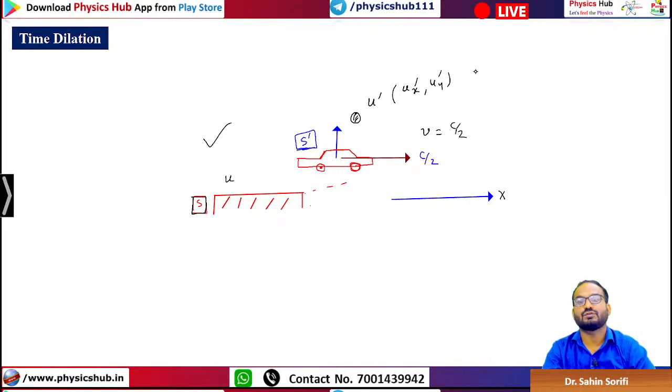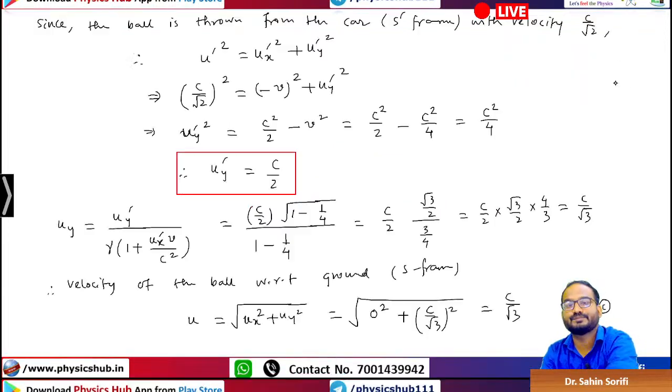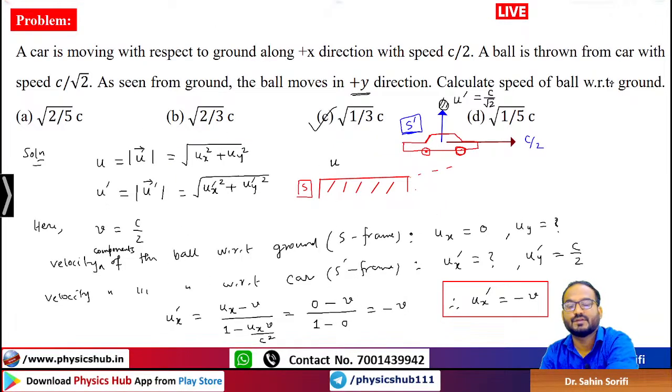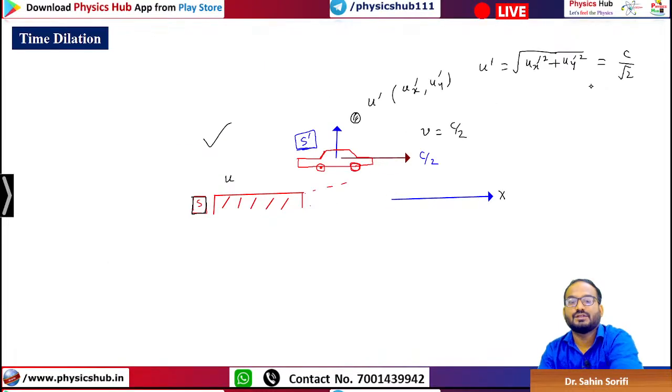From these two components you get the speed of the ball with respect to S prime, and this overall thing is given to you as c by root 2. So this is with respect to a person, let's say, sitting in the car.